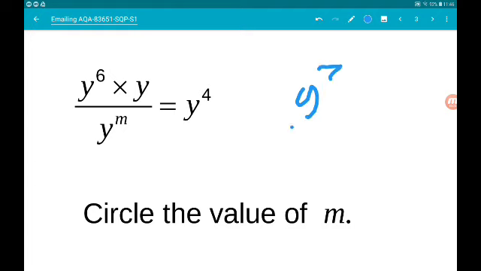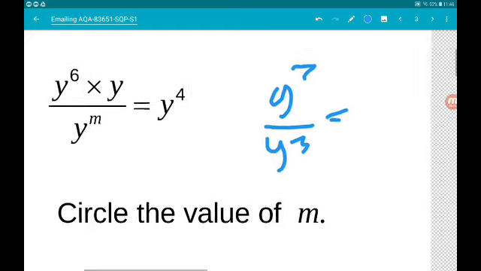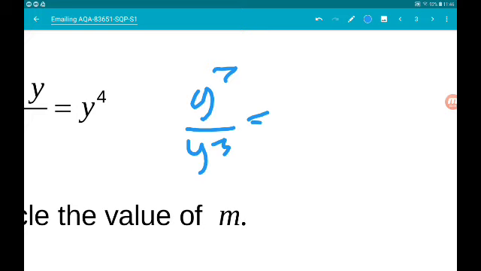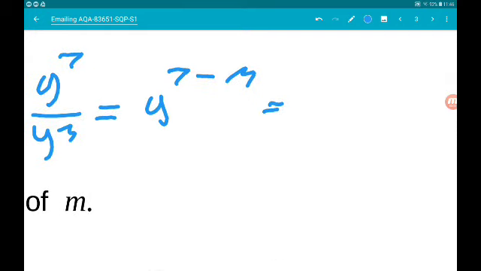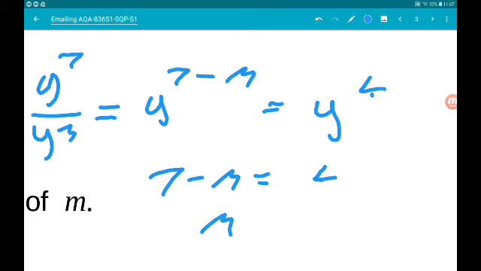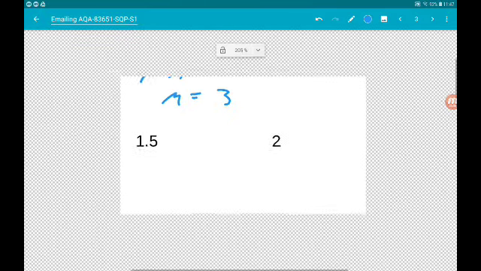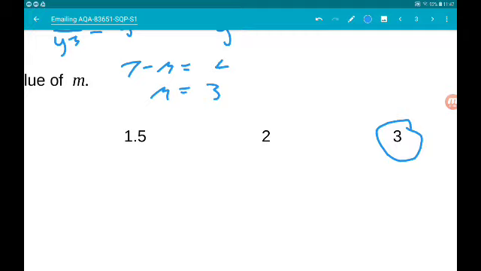So y to the 7 over y to the m is y to the 7 minus m. Now we know that is equal to y to the 4, so 7 minus m is 4. So m is 3.